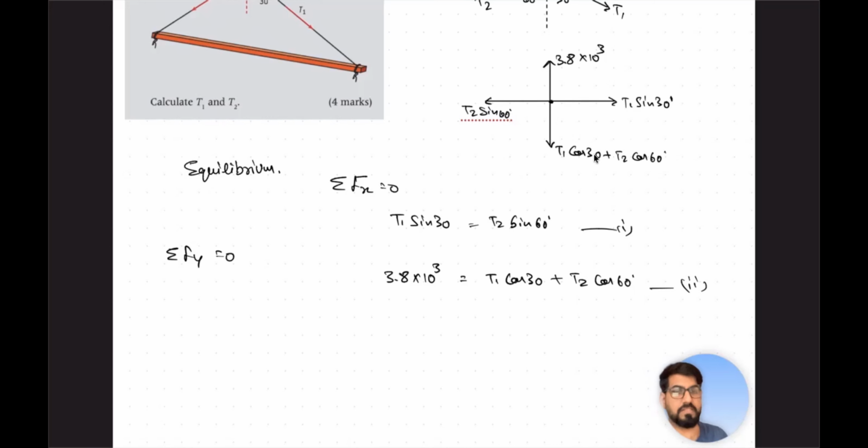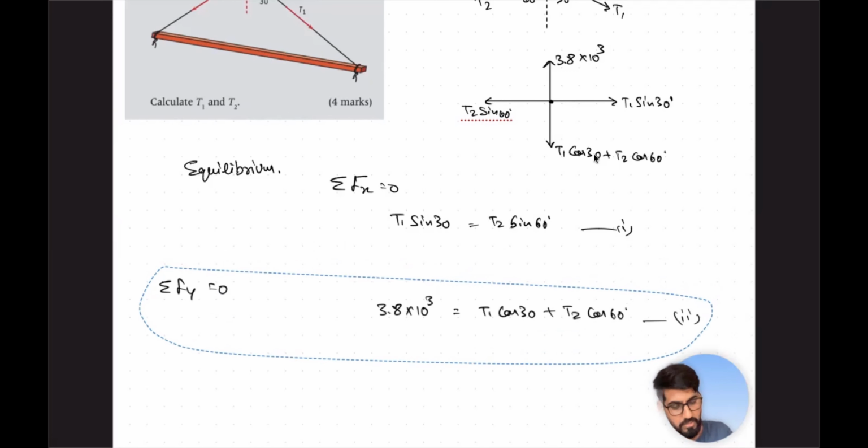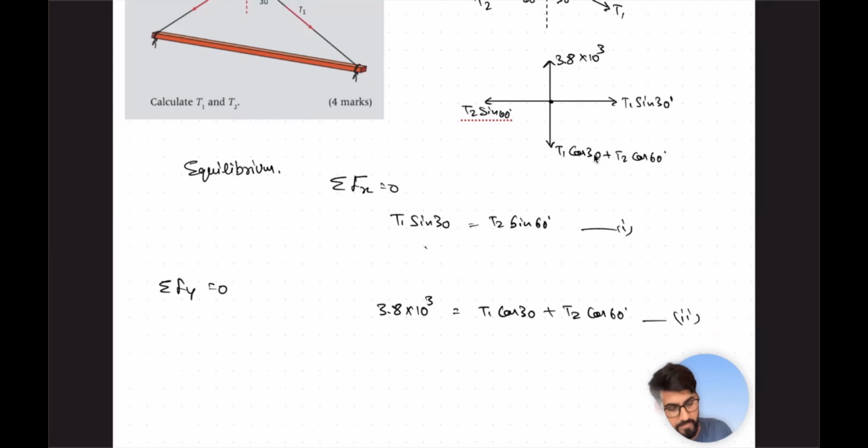Now physics is this much only. What they are asking us is to find T1 and T2. So we have two equations and two variables, T1 and T2. From equation 1, I can substitute the value of T1 in equation 2. How? T1 can be written as T2 sin 60 divided by sin 30.